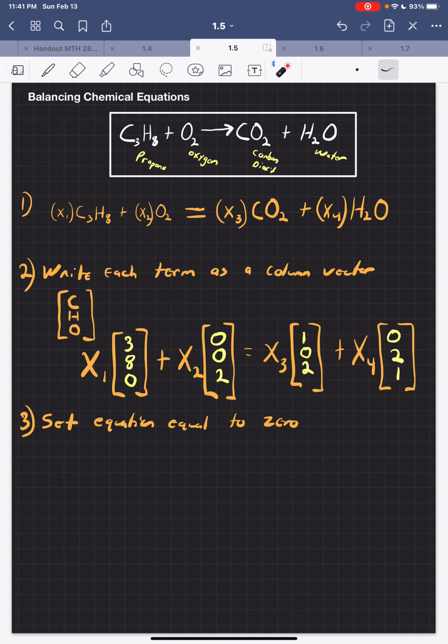But you and I know that the signs must change, or in other words, the only way to balance this is to subtract this from both sides. So instead of having the negative symbol out here, the negative symbol is going to be here.